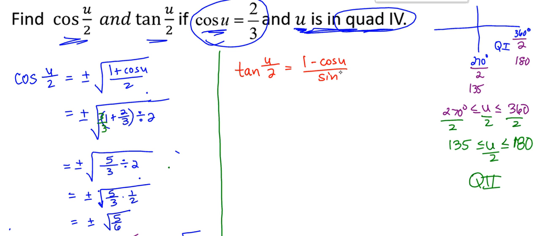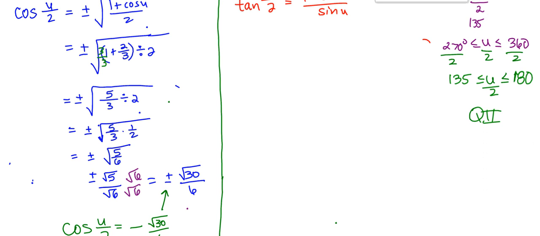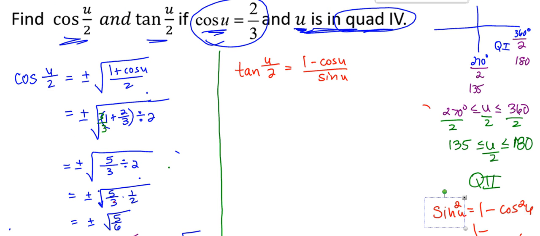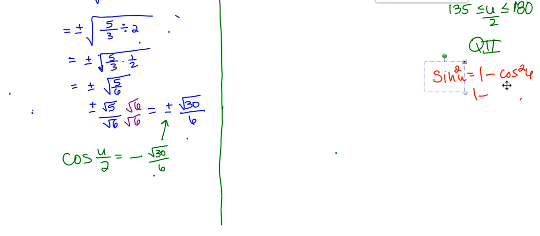Now we have cosine of u, but we don't have the sine of u. The easiest way to find it, I would use the Pythagorean theorem. Sine squared of u equals 1 minus cosine squared. Cosine was 2/3, so 2/3 squared. 1 minus 4/9, 9 over 9, so 5 over 9.